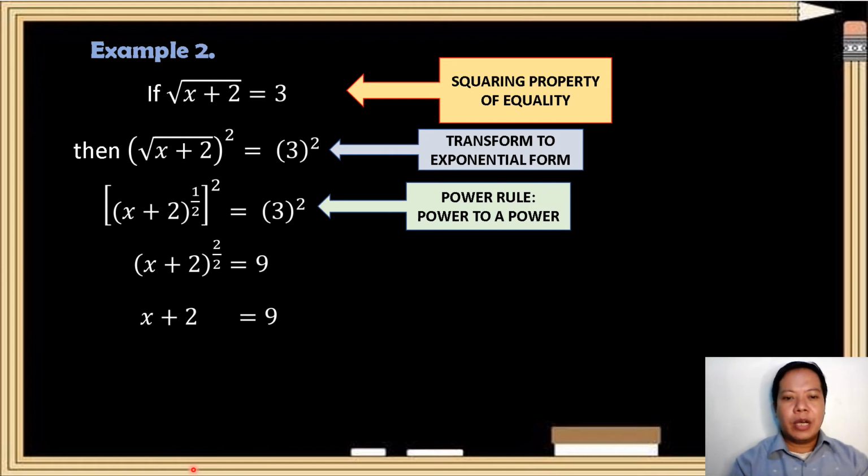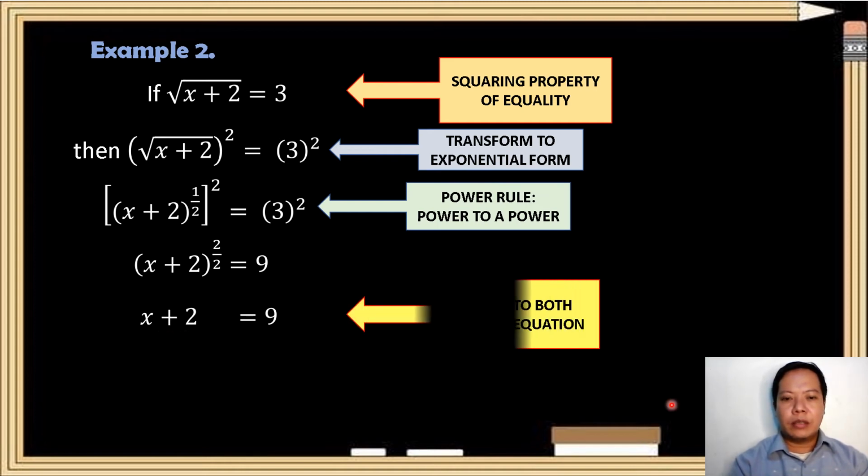Okay, in order to find the value of x, what are we going to do? Add negative 2 to both sides of the equation. For what reason? Because we're going to eliminate 2 in order to retain x on the left side, and this is what we call inverses.